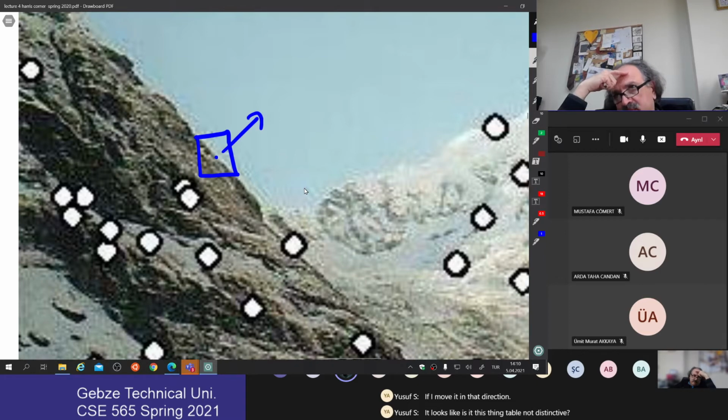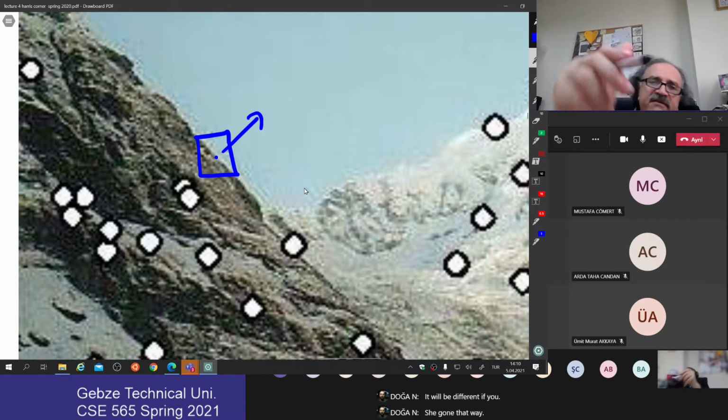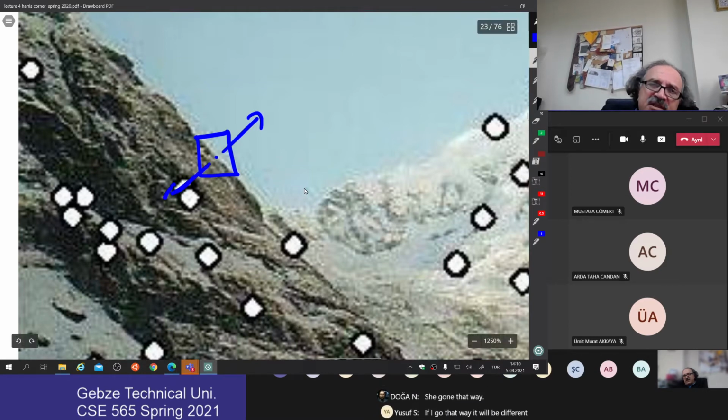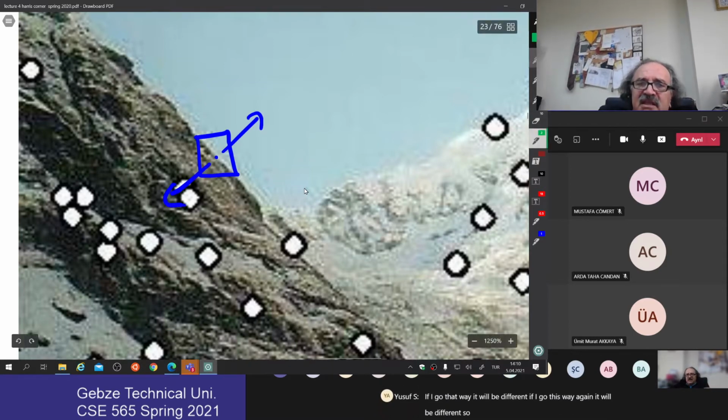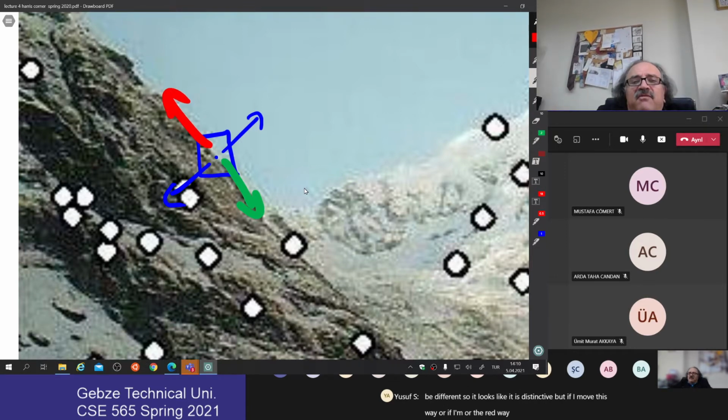It will be different if you go that way. If I go this way, again, it will be different. So it looks like it is distinctive, but if I move this way, or if I move the red way, it will be the same, right? I am seeing the same mountain edge.